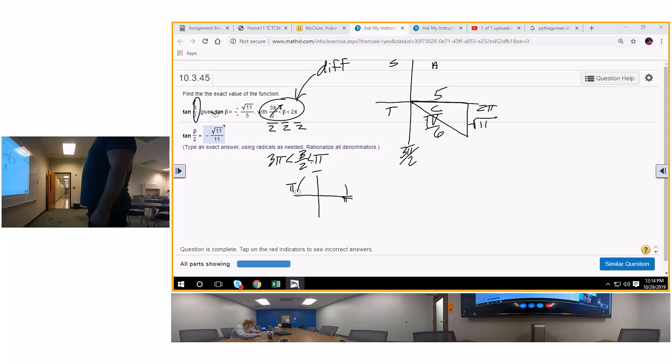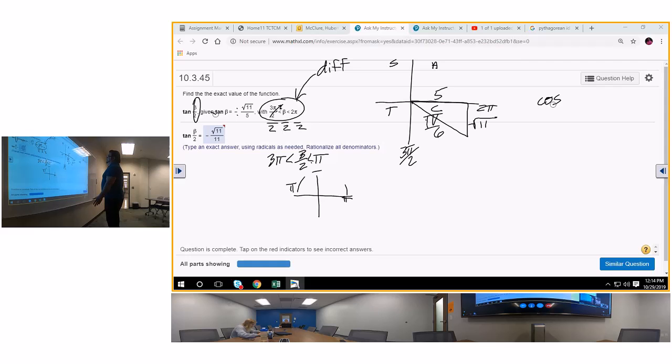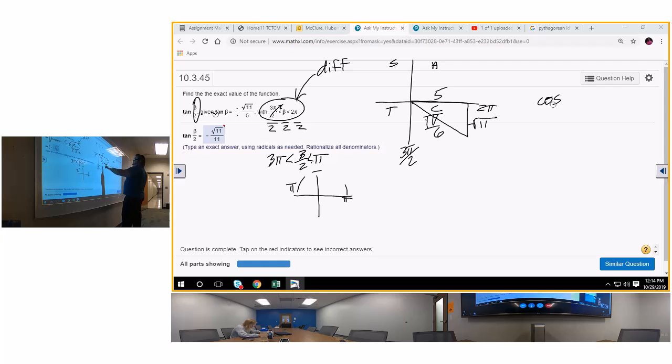So we know that the cosine of this function is going to be what? Oscar had a hunk, which would be 5 over 6, right?